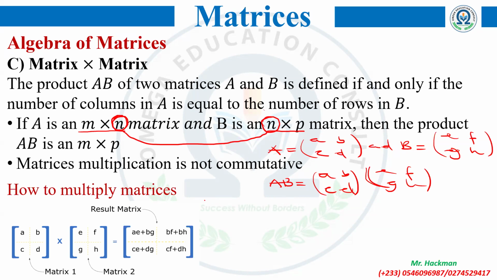So in general, assuming I have one matrix, let me use M by N, and another matrix, P by Q. The only circumstance that the multiplication will be defined will be when N is equal to P. Otherwise, multiplication will not be possible.